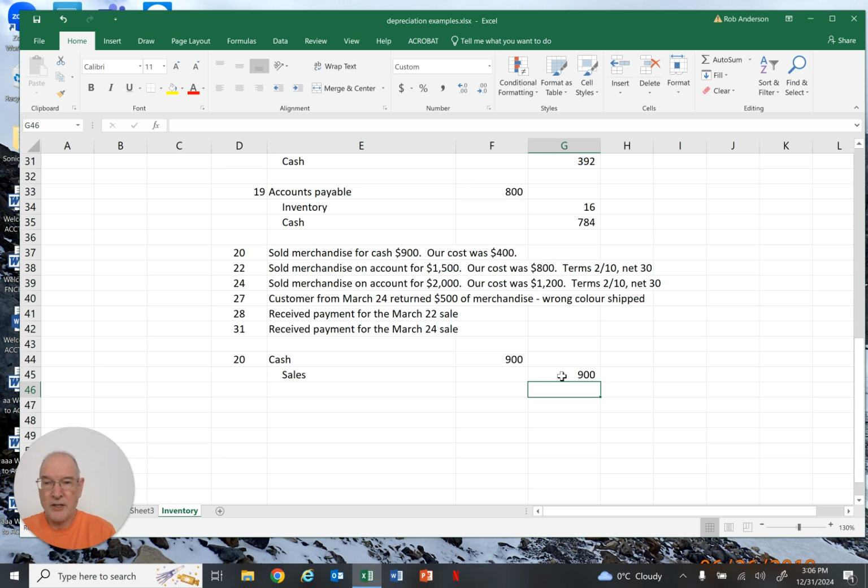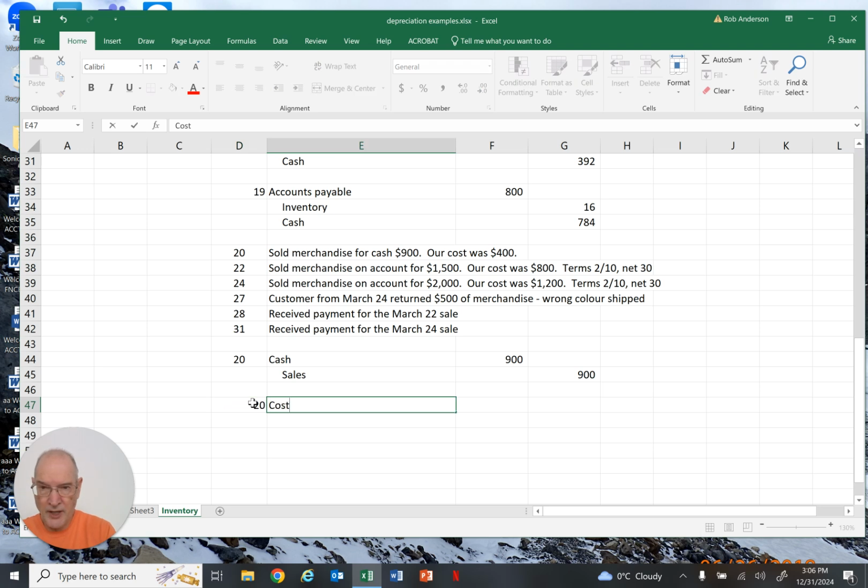And if we were looking at this in a very tiny way, note that you earned a gross profit of $500. So selling price minus cost is gross profit. That $500 has to help pay for all your other expenses and hopefully give you a profit at the end of your accounting period. But just the same, let's look at the next entry. Here's also on the 20th, and we have to have an entry to debit cost of goods sold.